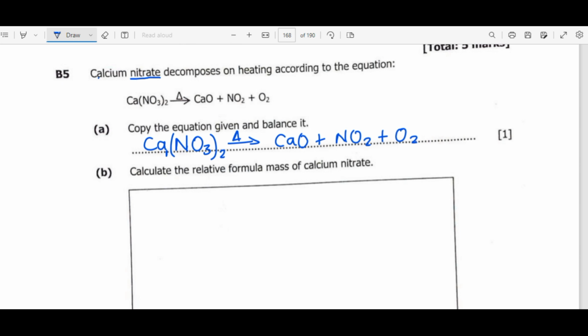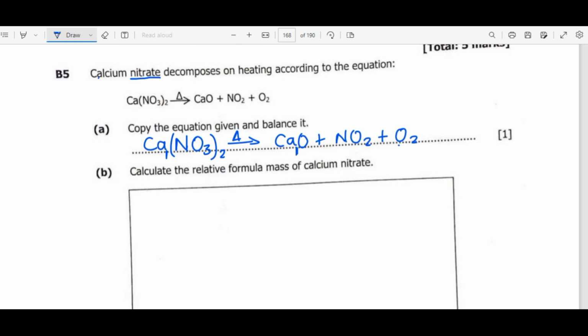Then if you look at the other elements, we need to look at which element we are going to balance here. So we are going to balance nitrogen. Let's not focus on oxygen, since we have oxygen as an element on its own, so it's easy to balance this one. First, let's balance elements that are in compound form.